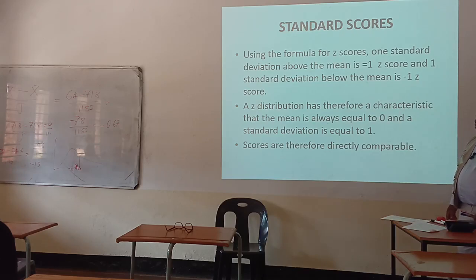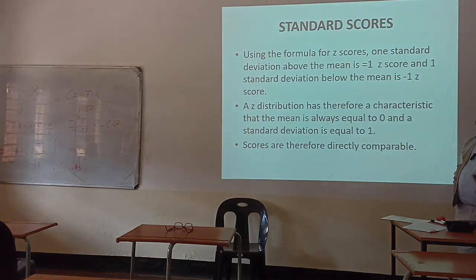Therefore, you can directly compare the scores without problems. Scores from 2 distributions can be compared equally because of this characteristic that the mean is always 0 and the standard deviation is always 1. So you can convert the original scores to these scores and compare performance in any different type of distribution.